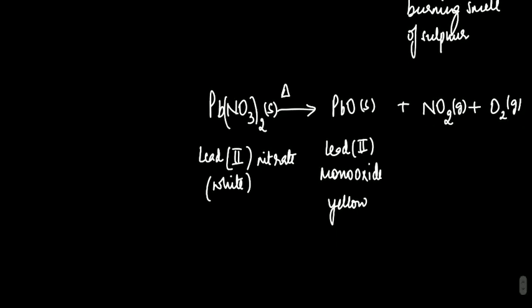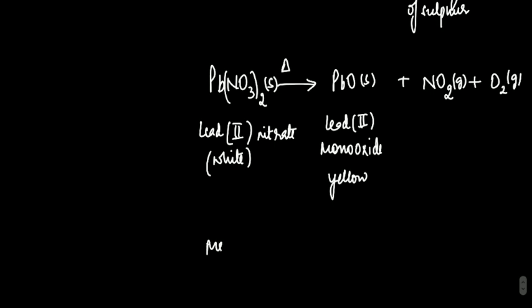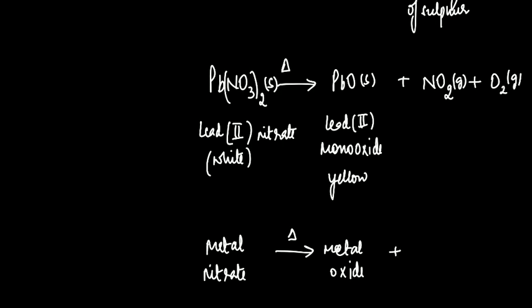Now, how can we remember it? We can just write metal nitrate. If we heat it, we will get metal oxide plus NO2 plus oxygen. We cannot say that every metal nitrate is going to show this kind of reaction, but most of them do.